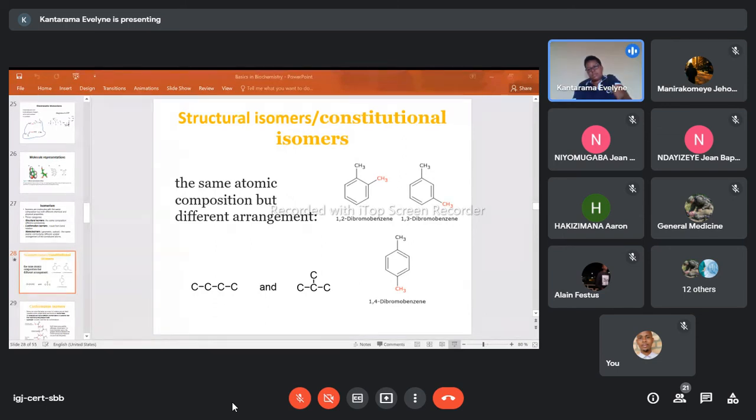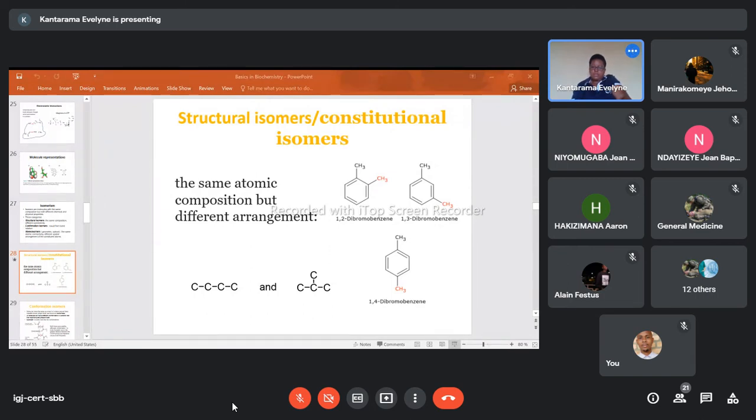You see how they are the same, but this methyl group is in the second position, here it is in the third position, and here in the fourth position.